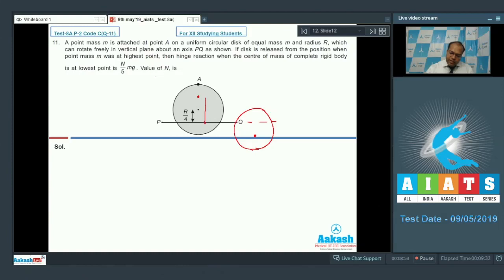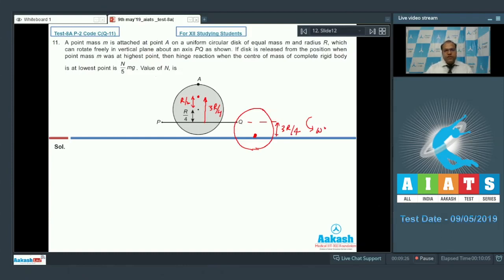So if I calculate this distance, the center of mass of these 2 points would be at the midpoint, that is at a distance r by 2. So this r by 2 plus r by 4 is 3r by 4. So this separation is 3r by 4. This is the position of the center of mass of the complete system. Now at this moment the angular velocity of the disk is omega.